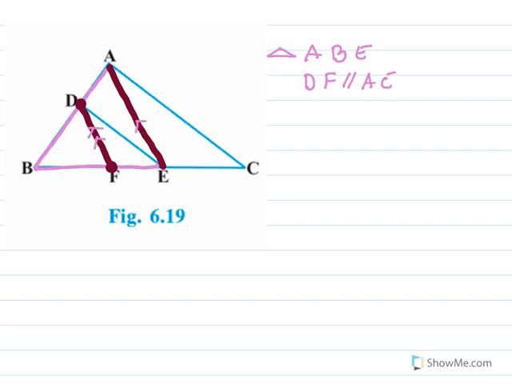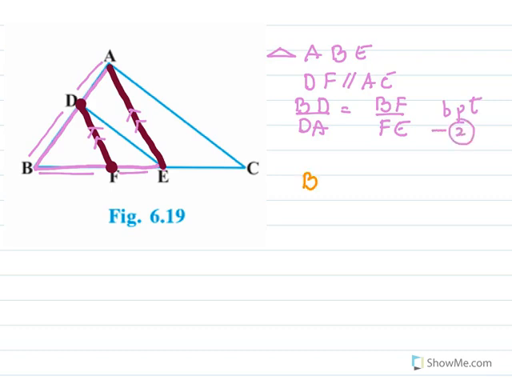So we can say now BD over DA is equal to BF over FE by BPT, equation 2.